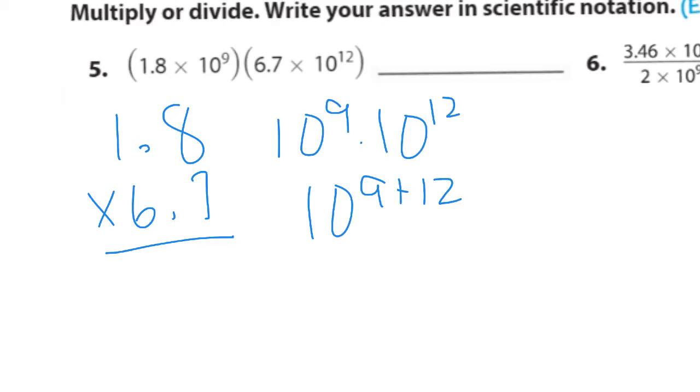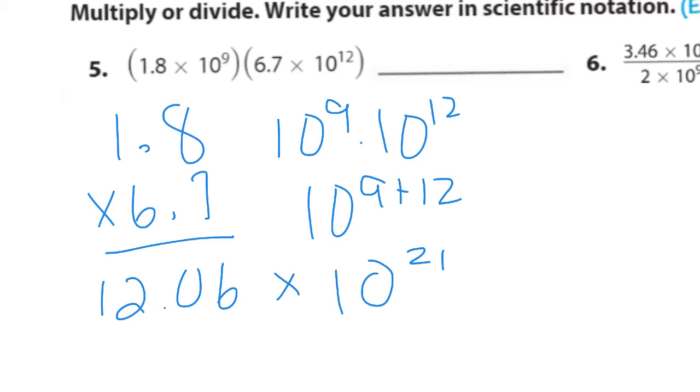So let me get my handy dandy calculator. And I'm going to take 1 and 8 tenths times 6 and 7 tenths. And that gives me 12 and 6 hundredths times 10 to the 21st.